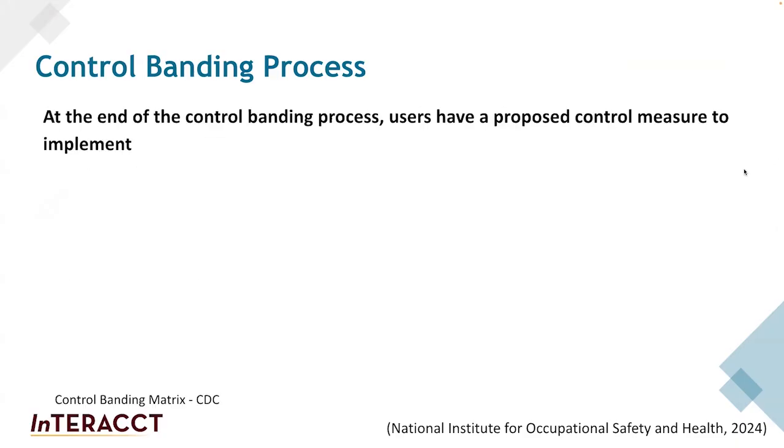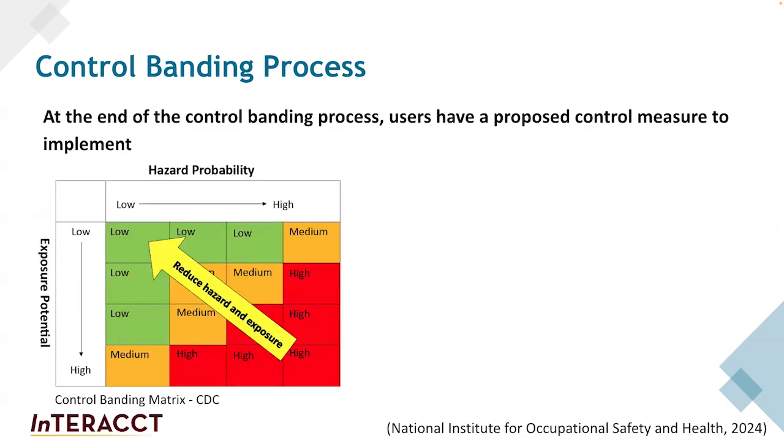At the end of the control banding process, you will be provided with a recommended control measure based on the hazard and exposure information. This matrix here helps visualize how exposure potential and hazard probability are combined to guide control decisions. The goal is to move risks from red or yellow zones into the green by reducing hazard and exposure.